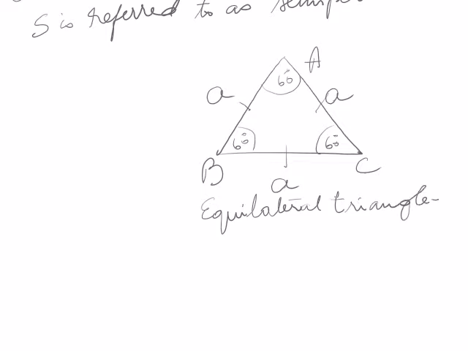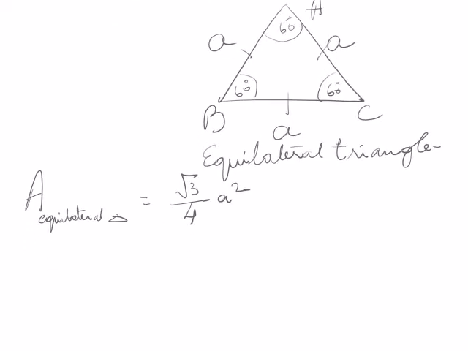So there is a different formula for the area of an equilateral triangle. If you know the altitude, you can always use the half base into height formula. But suppose you only know the side of the equilateral triangle, then the area of an equilateral triangle is equal to root 3 upon 4 into a square.